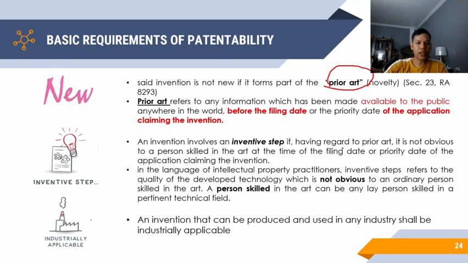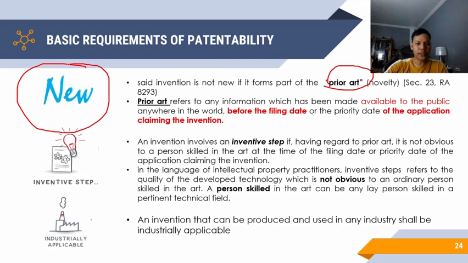So what is prior art? The prior art refers to any information which has been made available to the public anywhere in the world before the filing date or the priority date of the application claiming the invention. So your invention or your patent must be novel or must be new.